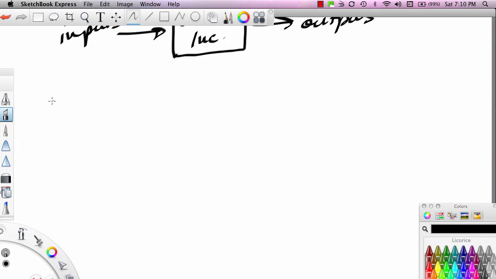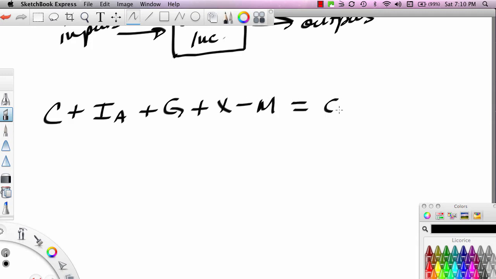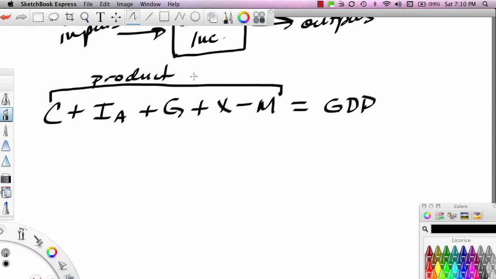So you'll recall that in that video we took consumption expenditures plus actual investment expenditures plus government purchases plus exports, subtracted imports, and we said that that is an estimate of GDP. Now these are product accounts, and these are different categories of products.